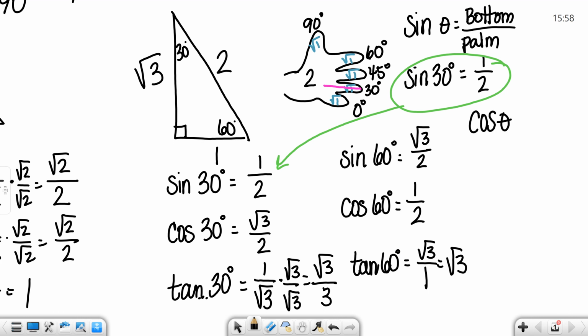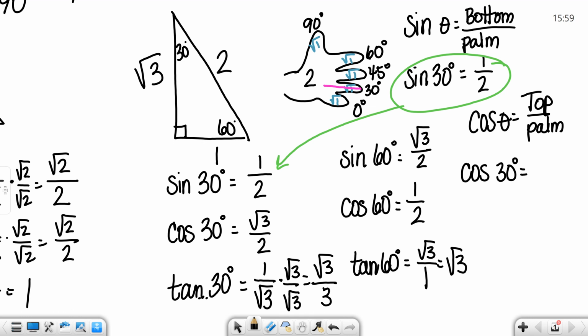Cosine is always what's on the top over the palm. So let's say I say the cosine of 30 degrees. Because I've got that little pink line drawn, 30 degrees would be where I drew that line. If I were standing in front of you, I put that ring finger down, and then I look at what's on top.